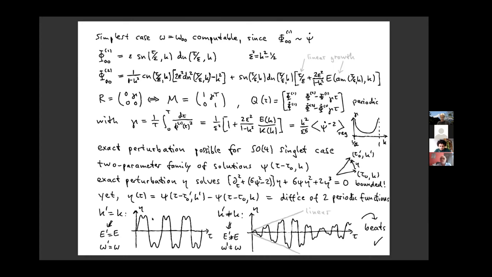And if you look at that, you see that when you do not change the energy in your perturbation, you still remain periodic. But when you change the energy, you get this onset of linear growth, but eventually it comes back and you get the beating behavior, which is what you expect when you take a difference of two periodic functions whose periods are slightly not equal.